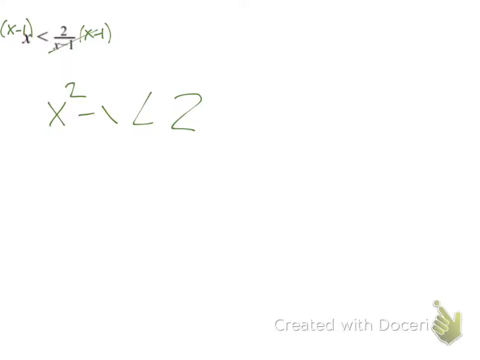X squared minus x. When I distribute the x in, probably should do what now? Subtract 2 and factor. So x squared minus x minus 2 is less than 0.